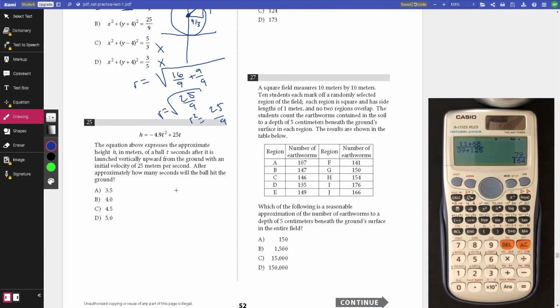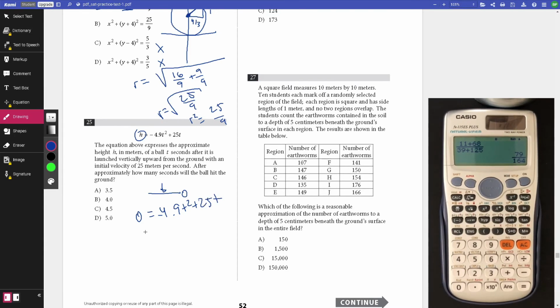Number 25, which equation above expresses the appropriate height of the ball in t seconds after it is launched vertically? Approximately how many seconds will it take for the ball to hit the ground? So the floor is 0, height is 0. So h equals 0. We can solve for t when h equals 0.